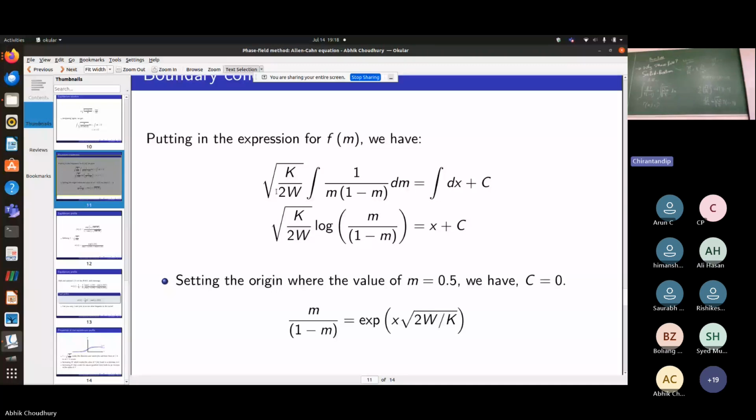Yes, what does it come? So let's do the integration.